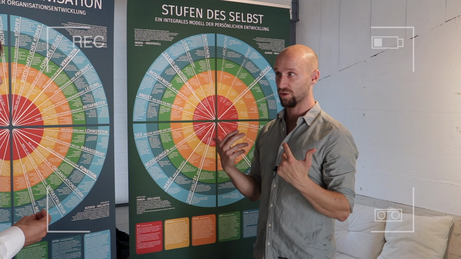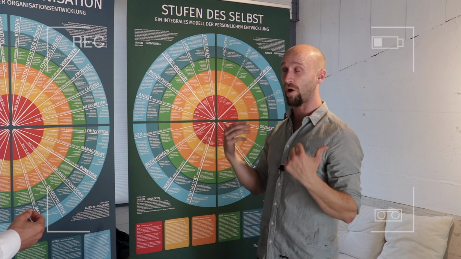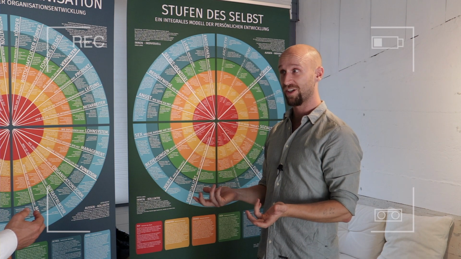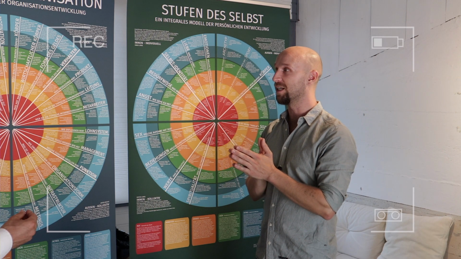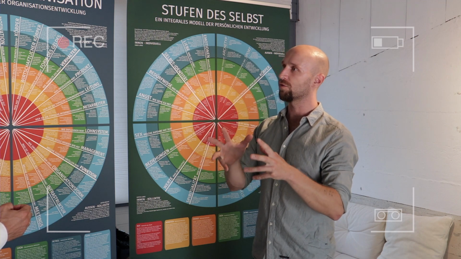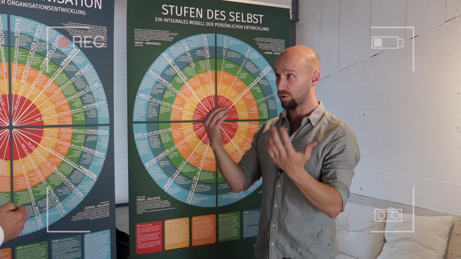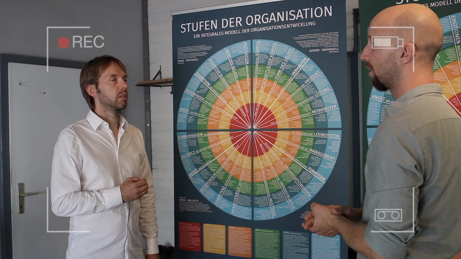So the structures are maybe all the same, but how these people function is completely different. So my first question to you would be, what do you think your teams want from their workplace, or what do the people need from you and from the company?